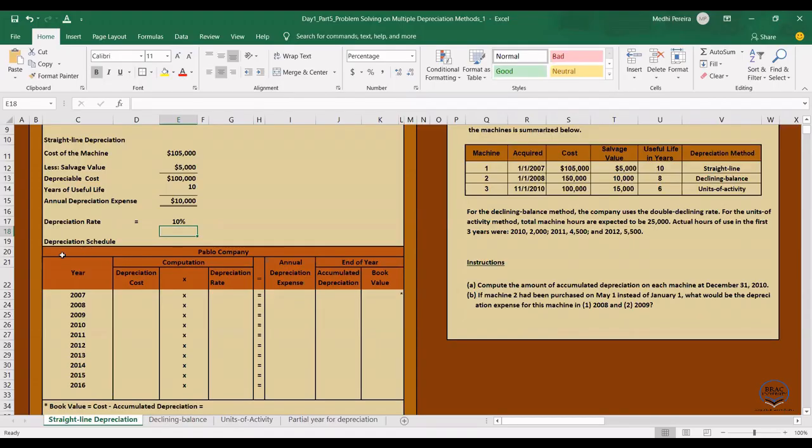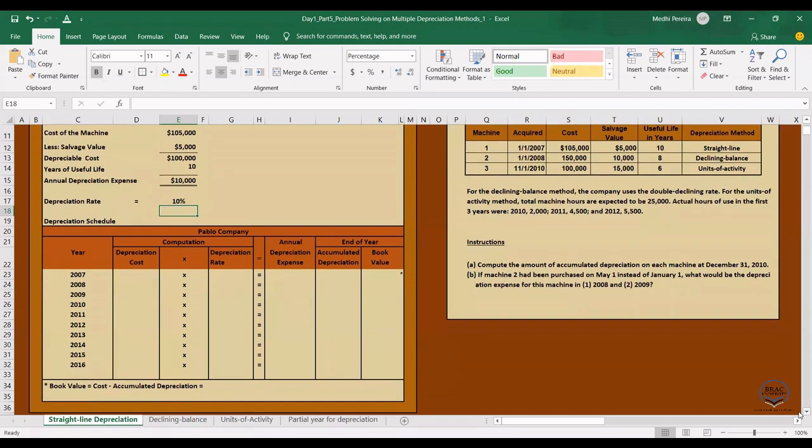So now we will go to the depreciation schedule. As you can see, I have already made the format for the depreciation schedule. However, though I have written all the 10 years, because in case of machine 1, the useful life is 10 years, in this problem it has been instructed to compute the accumulated depreciation of each machine at December 31st, 2010.